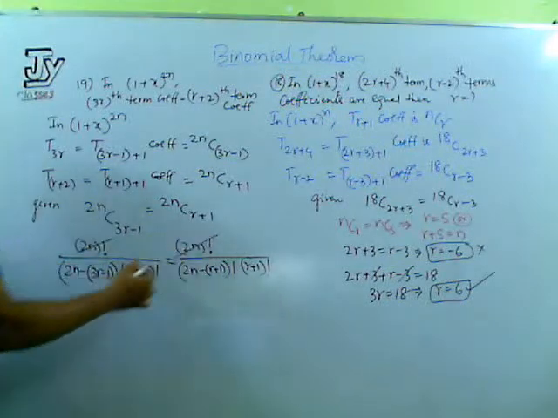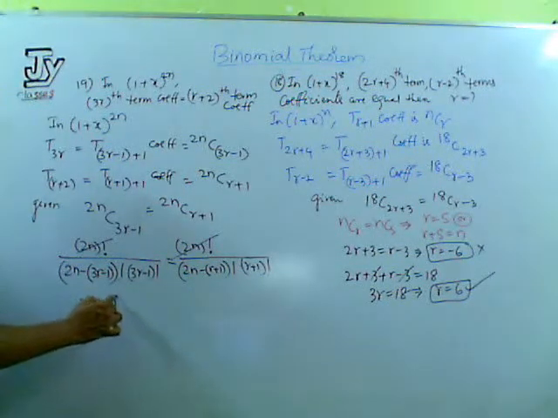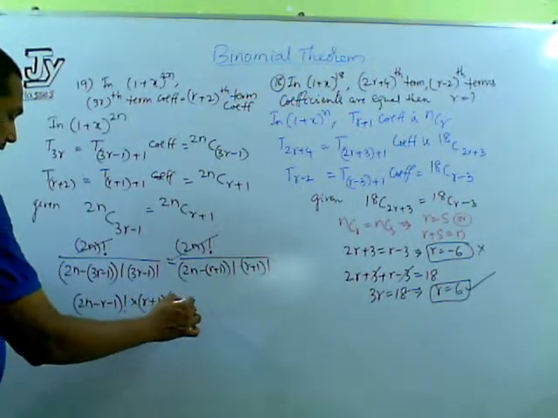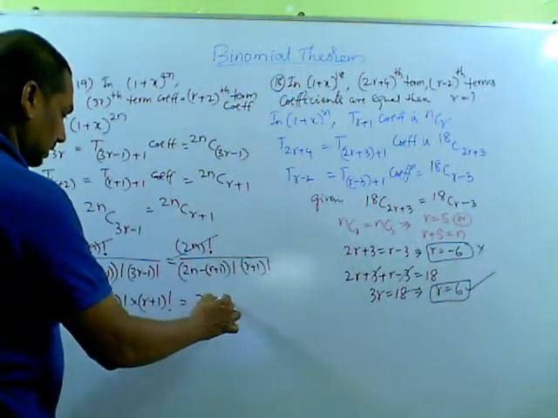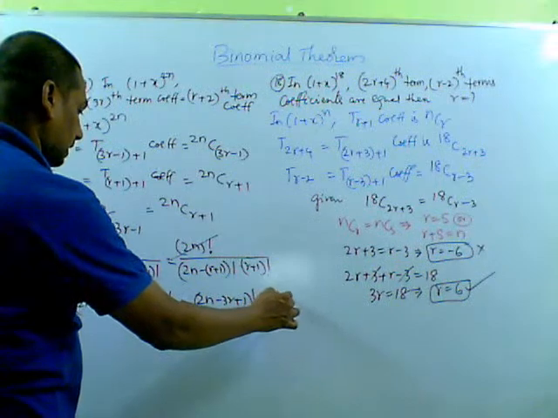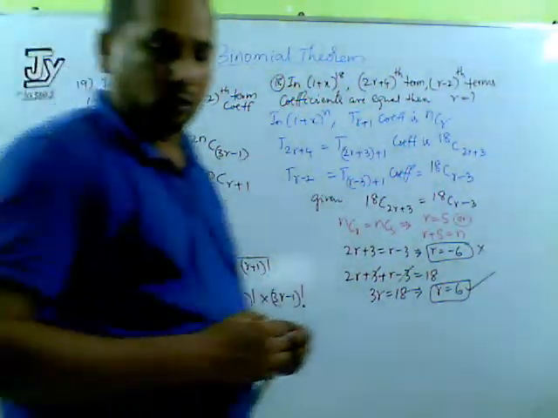Both sides 2n factorial gets cancelled. Then (2n minus r minus 1) factorial into (r plus 1) factorial is equal to (2n minus 3r plus 1) factorial into (3r minus 1) factorial. Leave it like that.